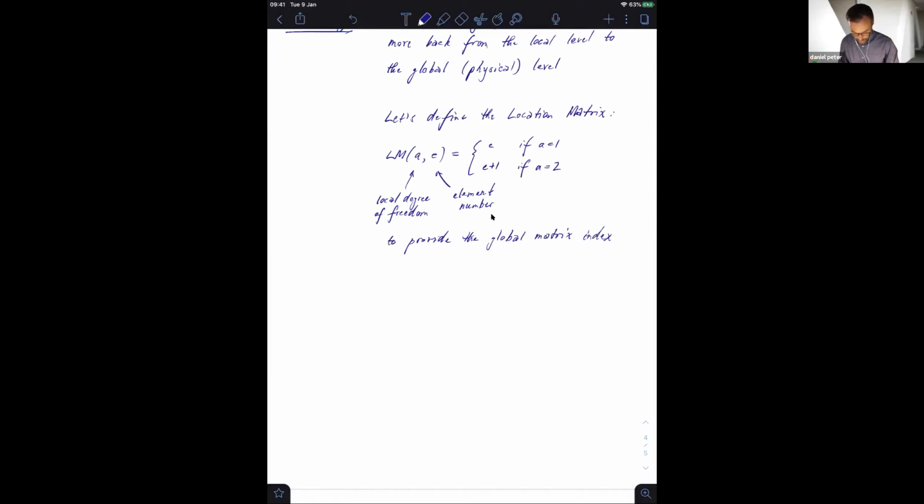So we can write it as this table, for example, where we have the two local degrees of freedom, xi1 and xi2. So that's these two nodes, -1 and +1.